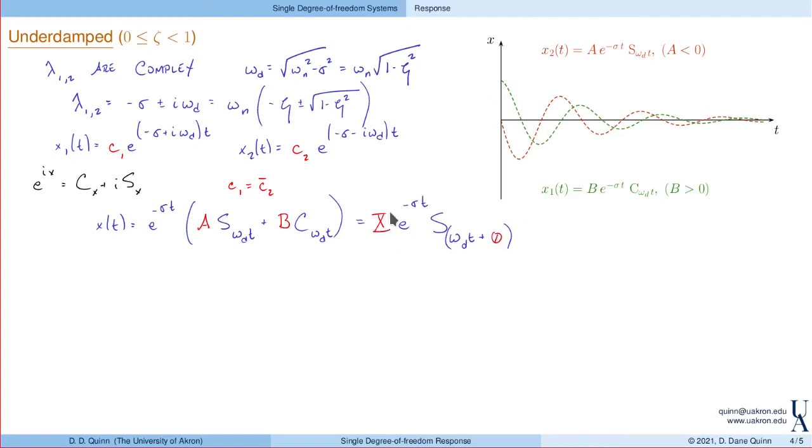We can relate this amplitude back to A and B, and here we find that the amplitude squared is A squared plus B squared. And then the tangent of this phase is actually B divided by A. Right, so this is just a little bit of trigonometry. Maybe you can pause the video and work this out. It involves angle addition formulas and that kind of thing.